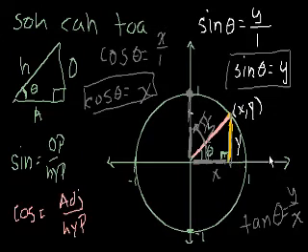Let's do a couple of examples, and hopefully this will make a little more sense to you. Let me quickly draw a new unit circle. So that's my unit circle, and here are the coordinate axes.